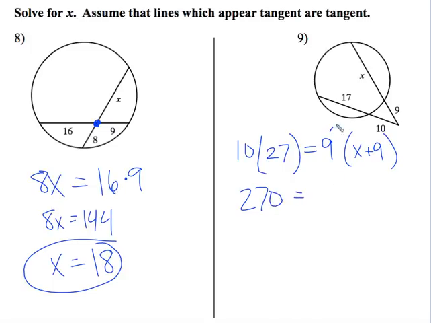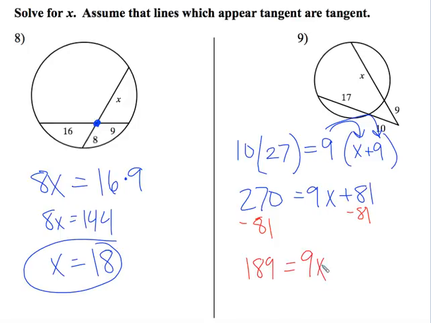You have to distribute this 9 to both of these, and you get 9x plus 81. So then we'll subtract 81 from both sides. 270 minus 81 is 189 equals 9x. And x is 21.